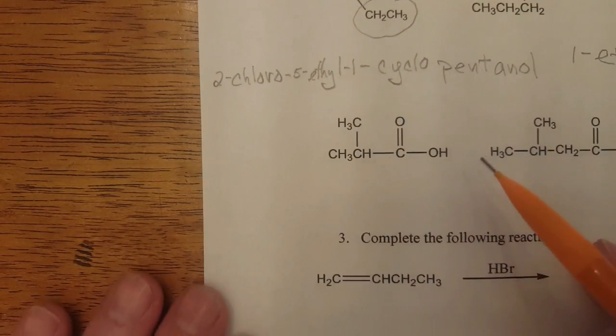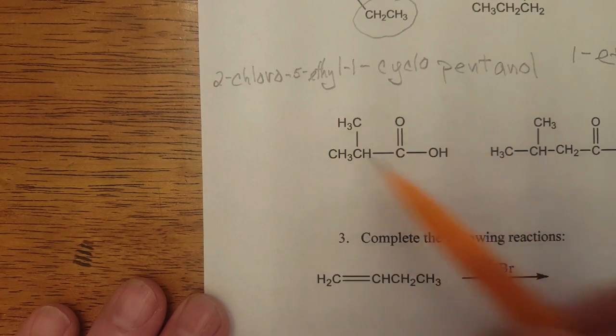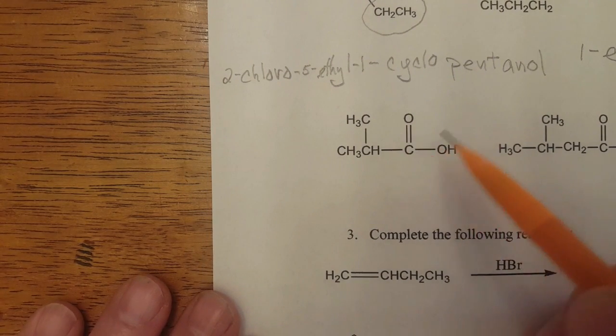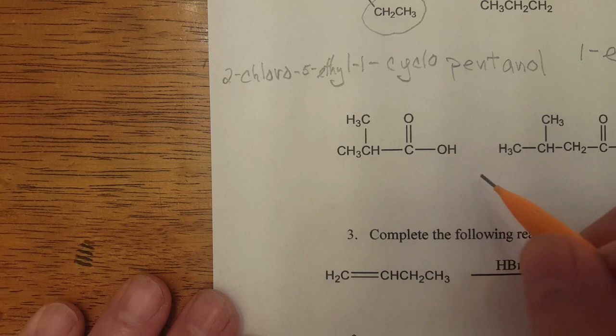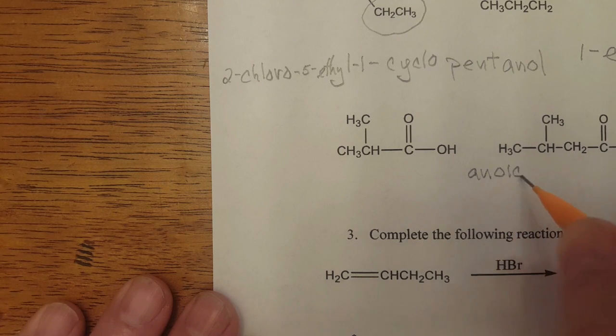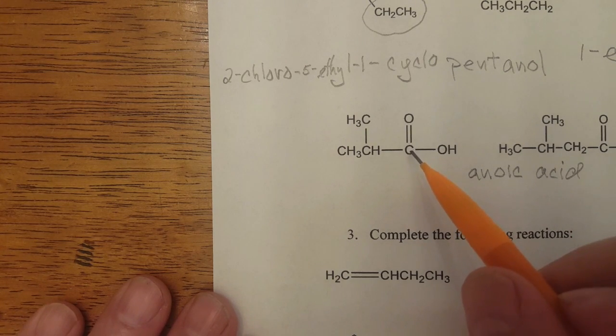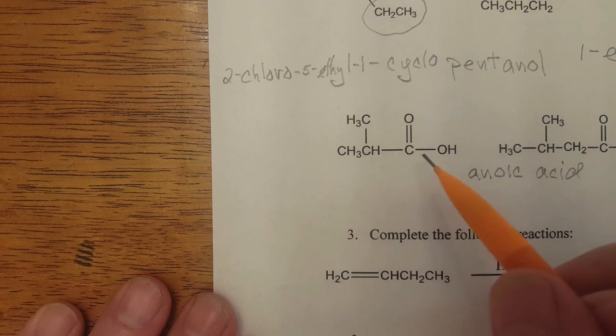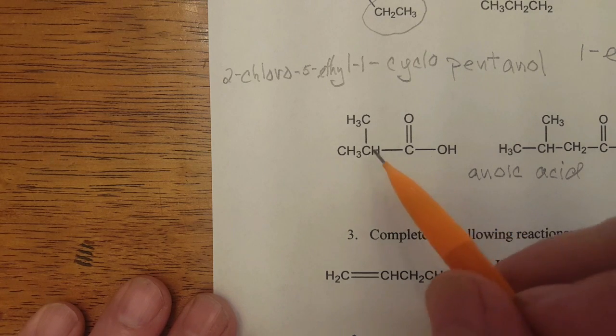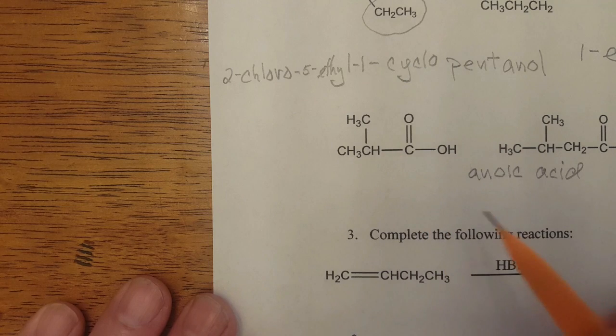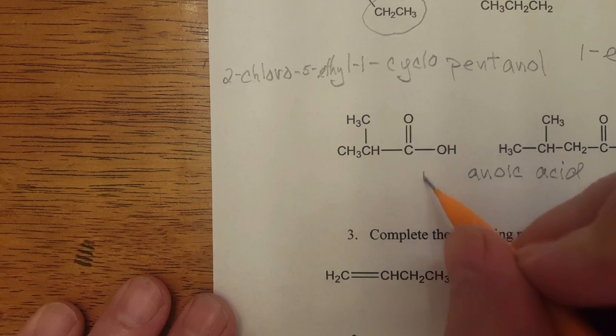Okay, so here we are. There's our carboxylic acid, and so it's going to end in anoic acid. Starting with this carbon, we're going to move in this direction. The longest chain is 1, 2, 3. So it's 3. 3 is prop.